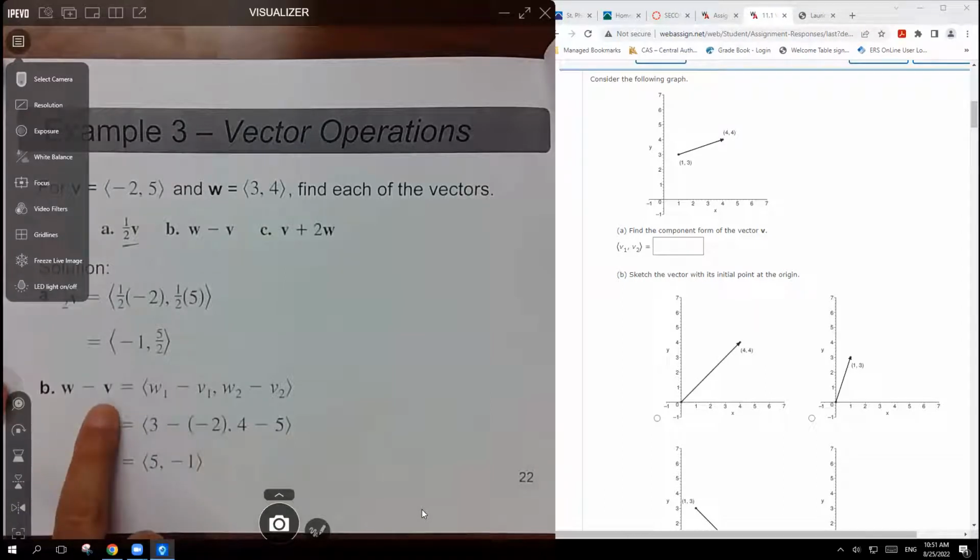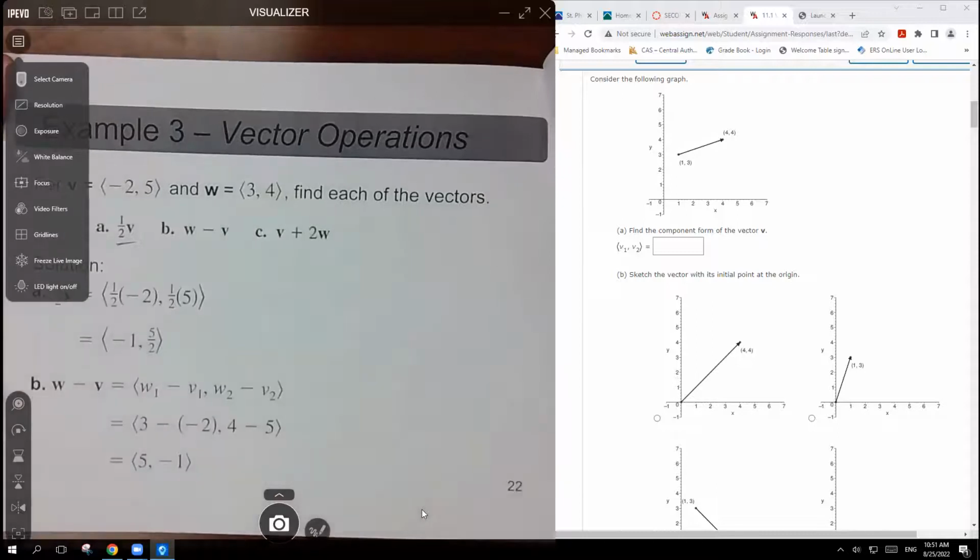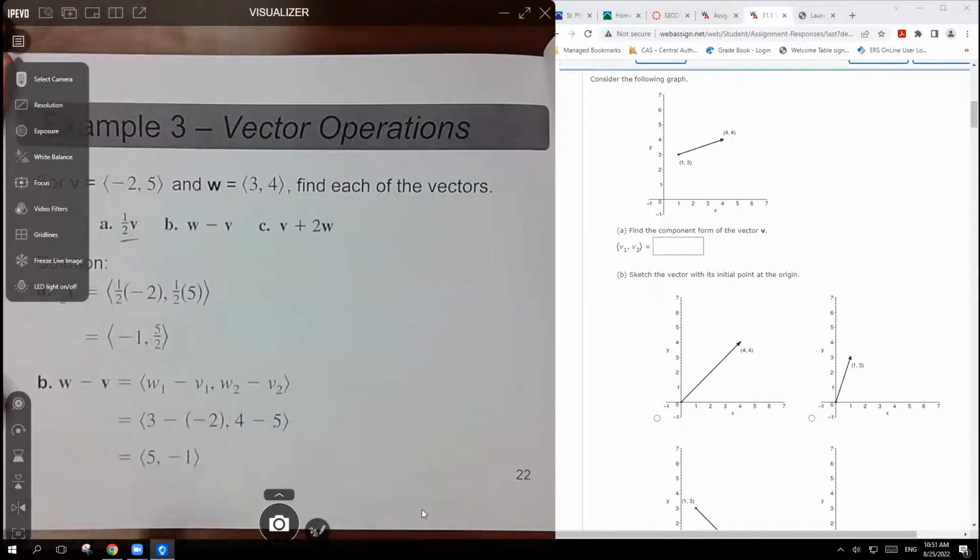W minus V. Be careful here. It's an easy process, but last semester one student lost 5 points on one sign. So be careful. It's a simple equation, but you can make simple mistakes. So be careful when you're working with the sign. So W1 minus V1, W2 minus V2.